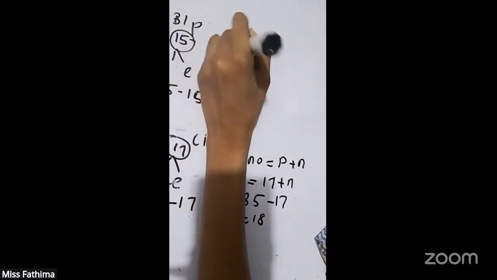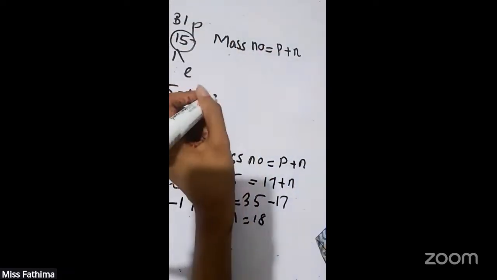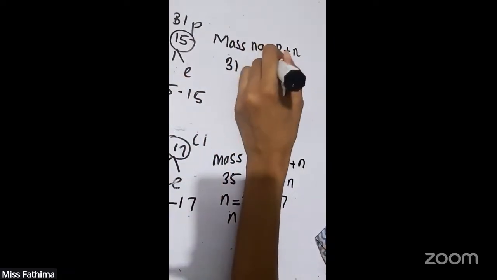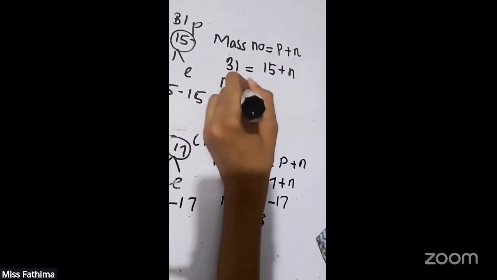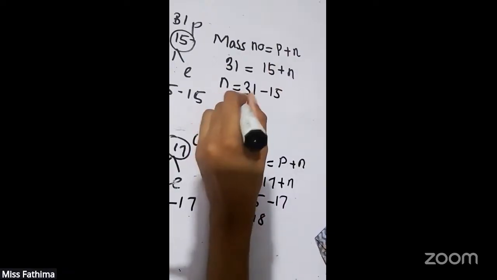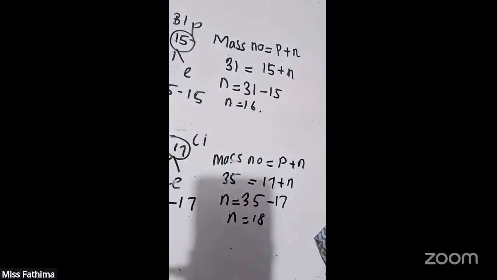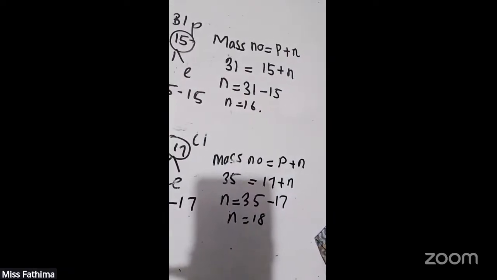Mass number equals number of protons plus number of neutrons. Then 31 is the mass number, that is equal to the number of protons, which is 15, plus n. n is equal to 31 minus 15, that is n is equal to 16. Are the answers correct? Got these answers?